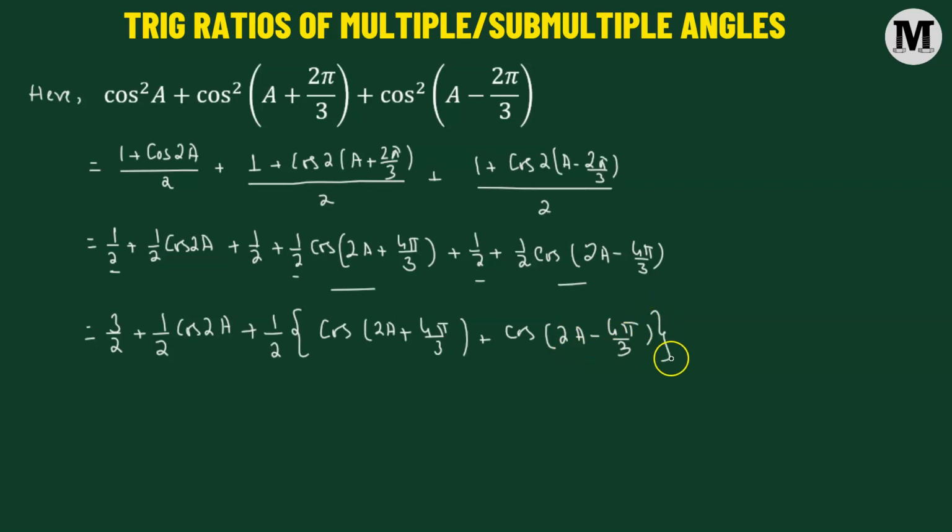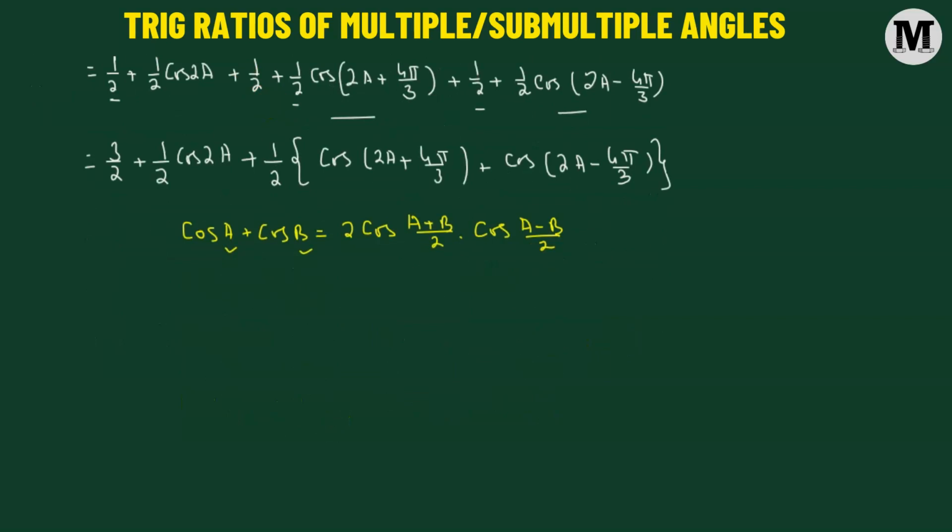The reason why we are taking half as the common factor and trying to find the sum is because we know that cosine of angle a added to cosine of angle b is given by 2 times cosine of angle (a plus b) over 2 multiplied to cosine of angle (a minus b) over 2. Now in our case, 2a plus 4 pi over 3 will correspond to a, and 2a minus 4 pi over 3 will correspond to b.